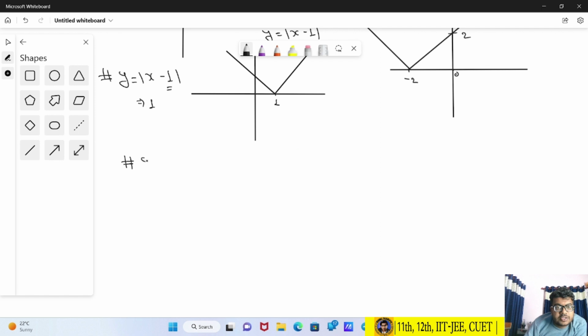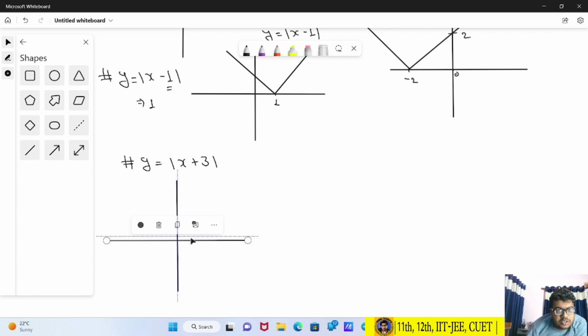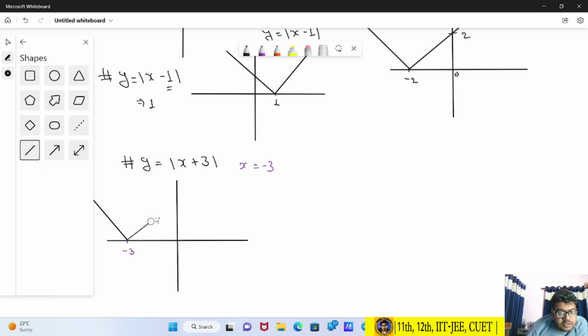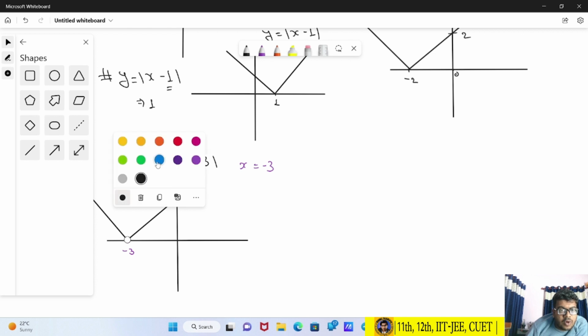Now y is equal to mod of x plus 3. These are our coordinate axes, the y-axis and the x-axis. Here the turning point is x equal to minus 3. Suppose this is our minus 3.